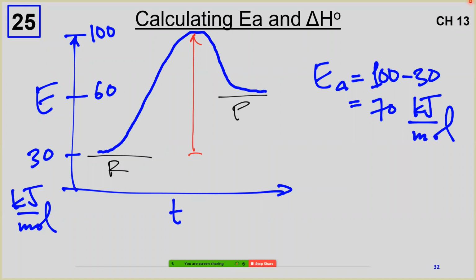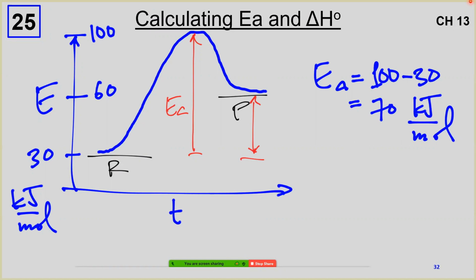All right, and the delta H can be calculated, again, by taking the difference between products and the reactants. So that would be right here. So 60 minus 30, right? So it's the energy of the products minus energy of the reactants.